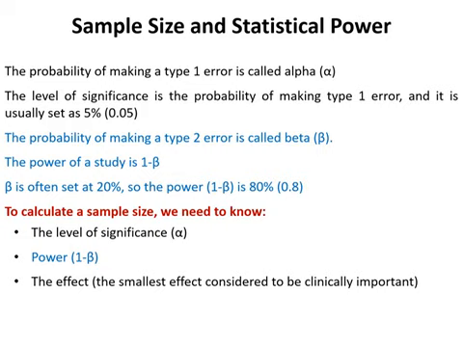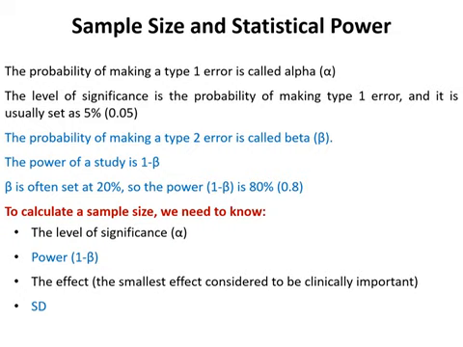Note that as the effect gets larger, it is more easily found, therefore the sample will become smaller. But if the effect is very small, it's difficult to find, therefore the sample size will be greater.